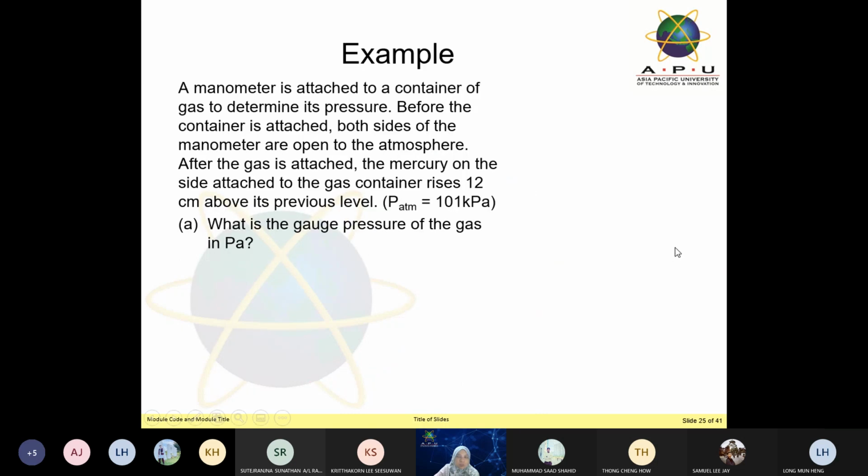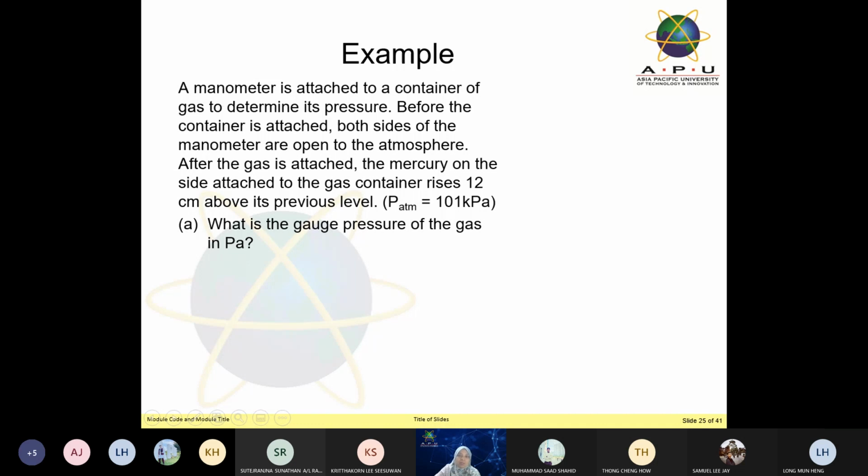Okay, so now we look at this example. A manometer is attached to a container of gas to determine its pressure. So here it is already mentioned manometer. Sometimes the picture is not given in the question, so you need to imagine a manometer or barometer.